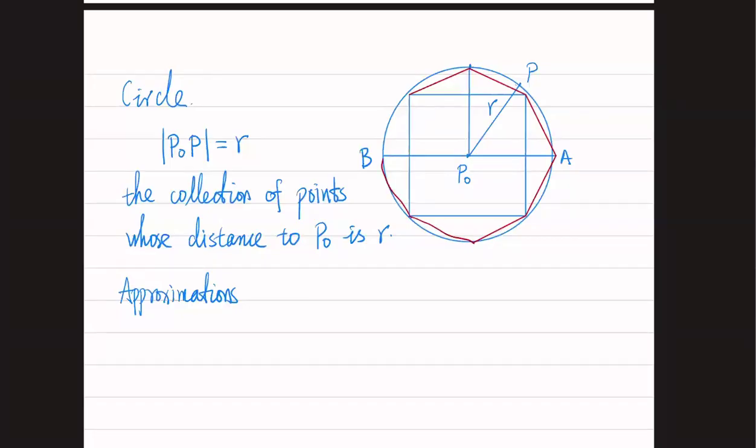Yes, yes. Very soon we will run out of names, so we will use regular polygons. We cut the circle using regular polygons. If you have more and more edges, we expect better and better approximations.